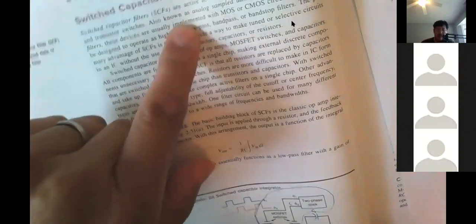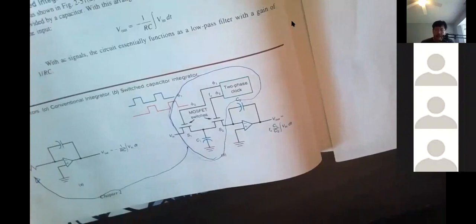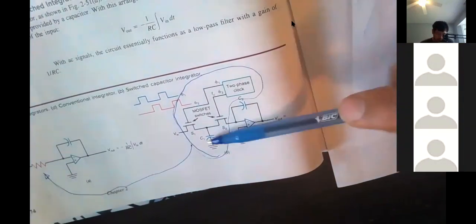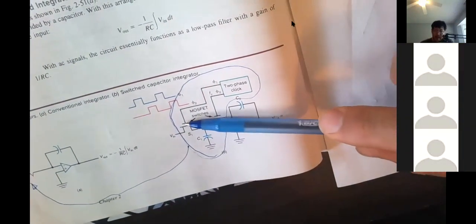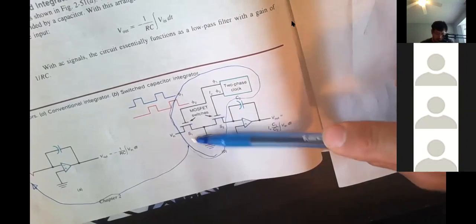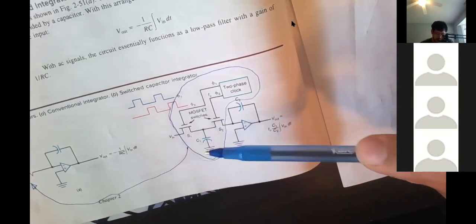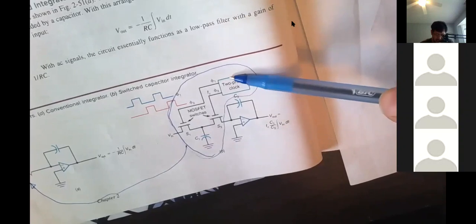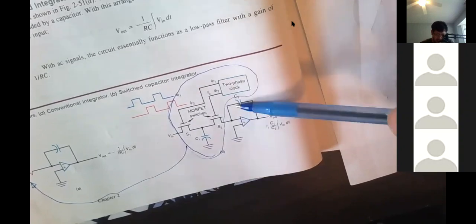This is called SCF. Why is this better? Because this component takes nanometers, tiny.